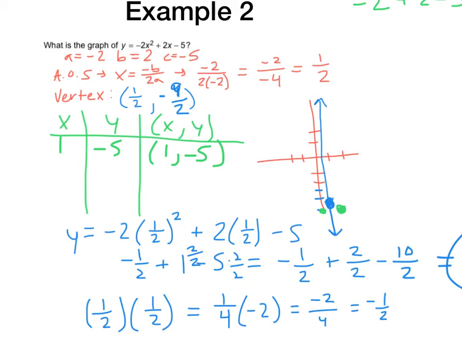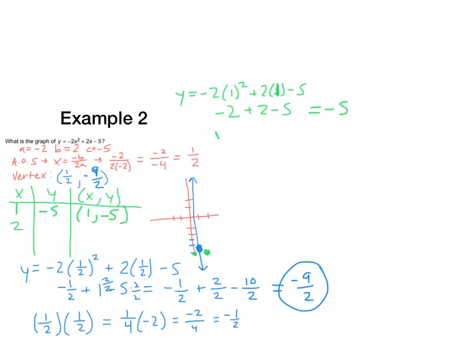So we can plug in 2. So we have y is equal to -2 times 2 squared plus 2 times 2 minus 5. So we have y is equal to, what's 2 squared? 4. And what's 4 times -2? -8.